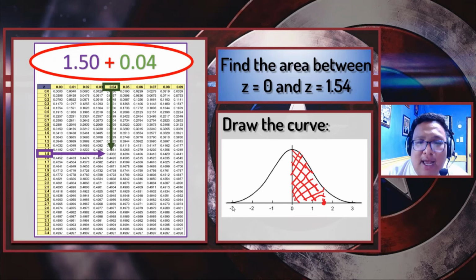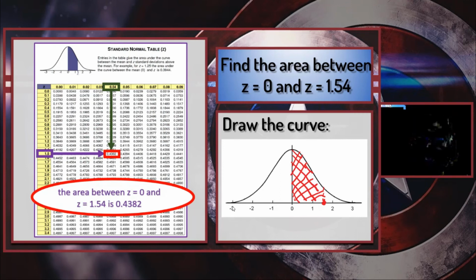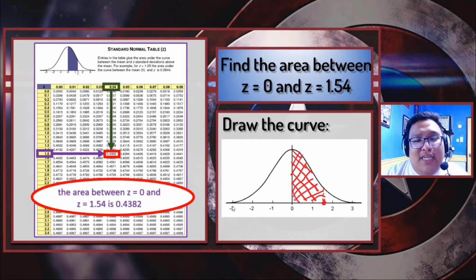Nasaan siya? Ayun siya. The intersection is 0.4382. So, therefore, the area between z equals 0 and z equals 1.54 is 0.4382. Ang dali lang, di ba?